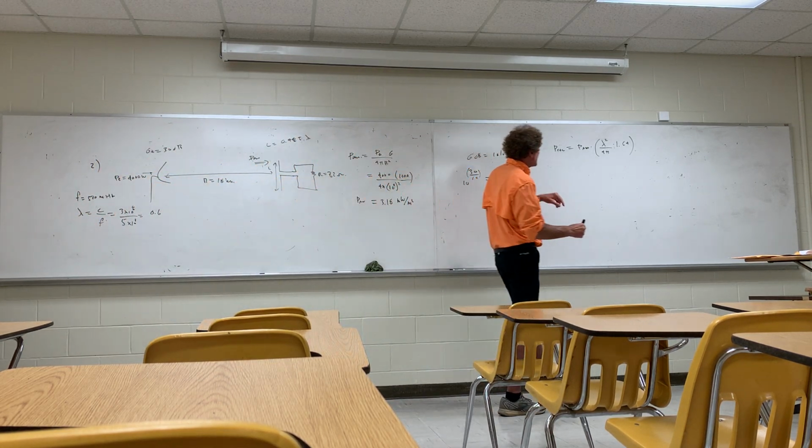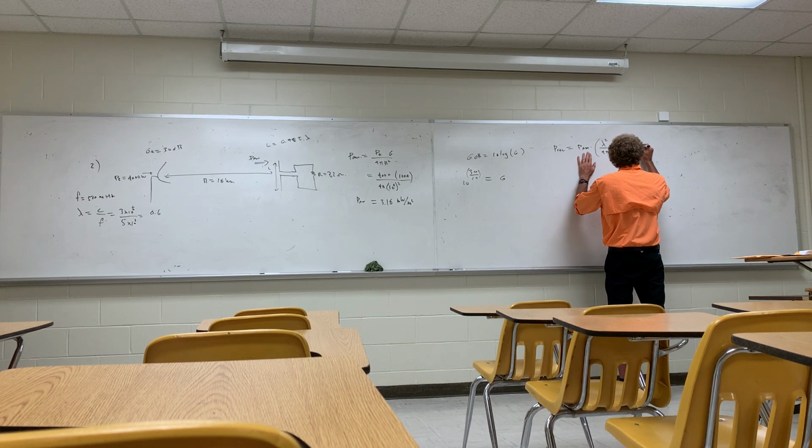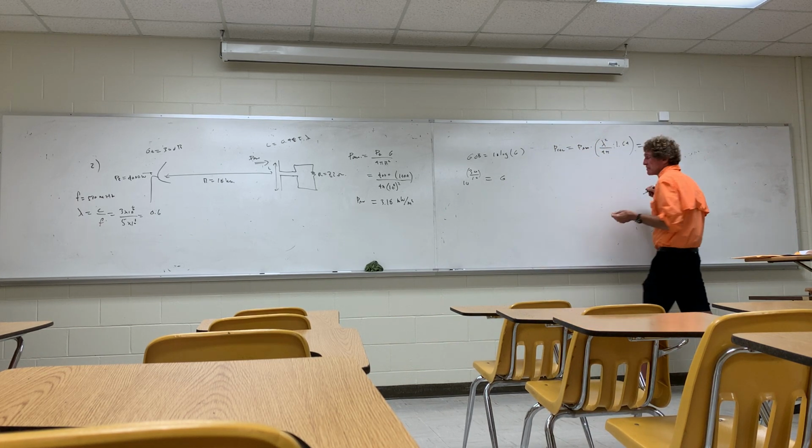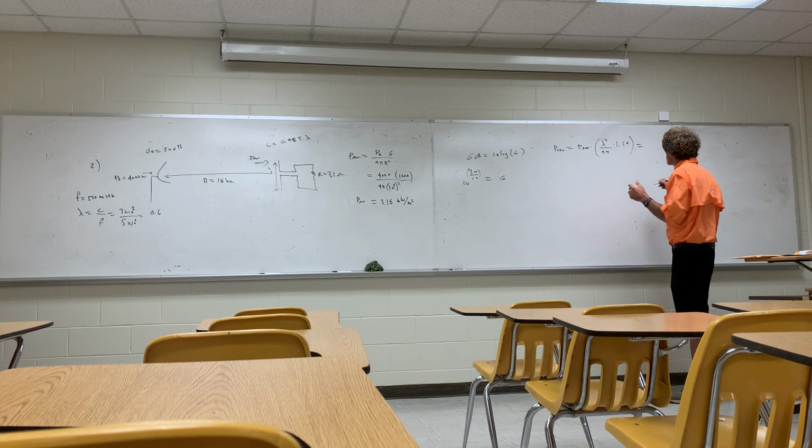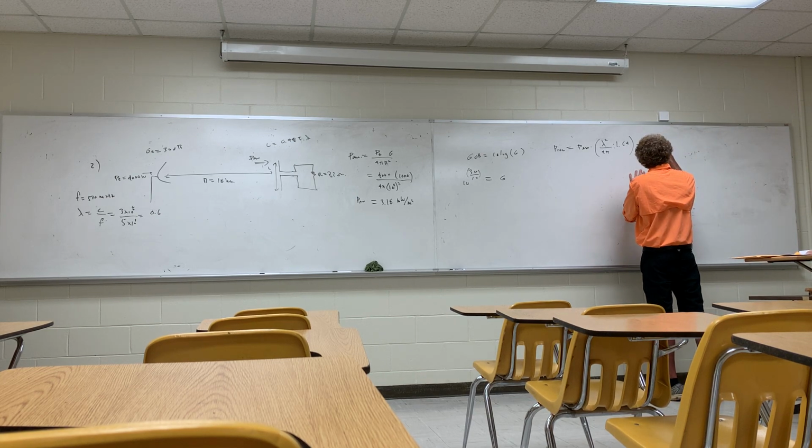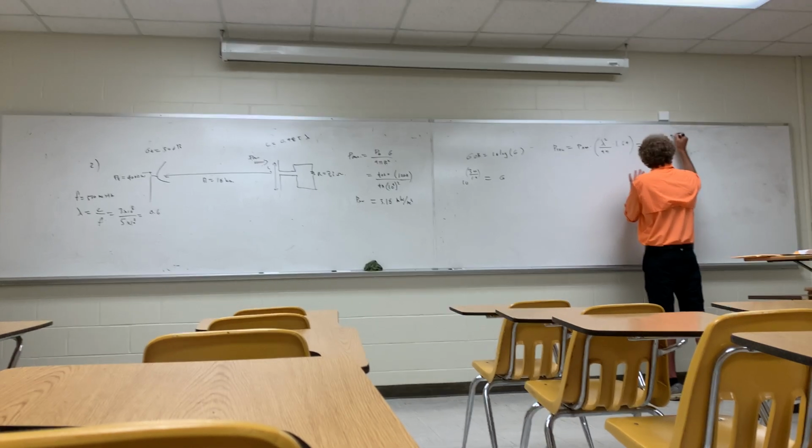And, well, when you do this, can you give me the value for that? Because then 1.49 times 10 to the negative 4. 10 to the what? Negative 4. Is that right? That's right.